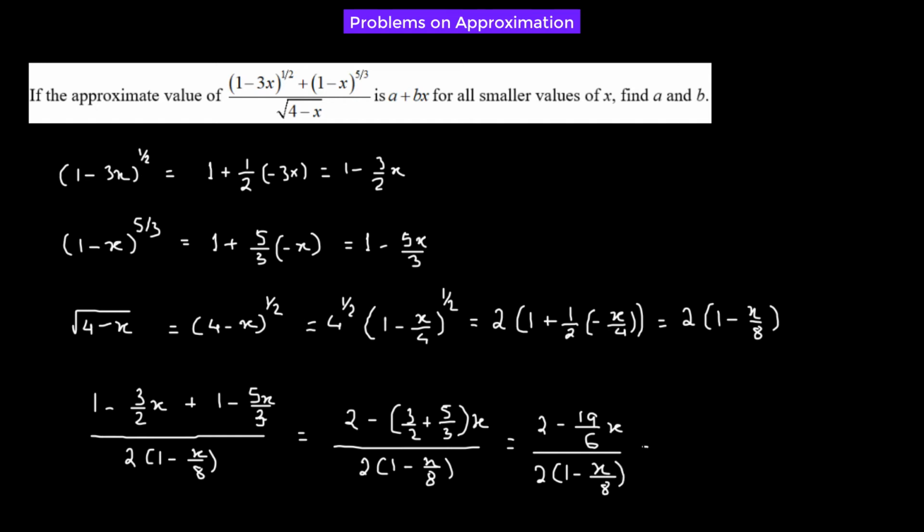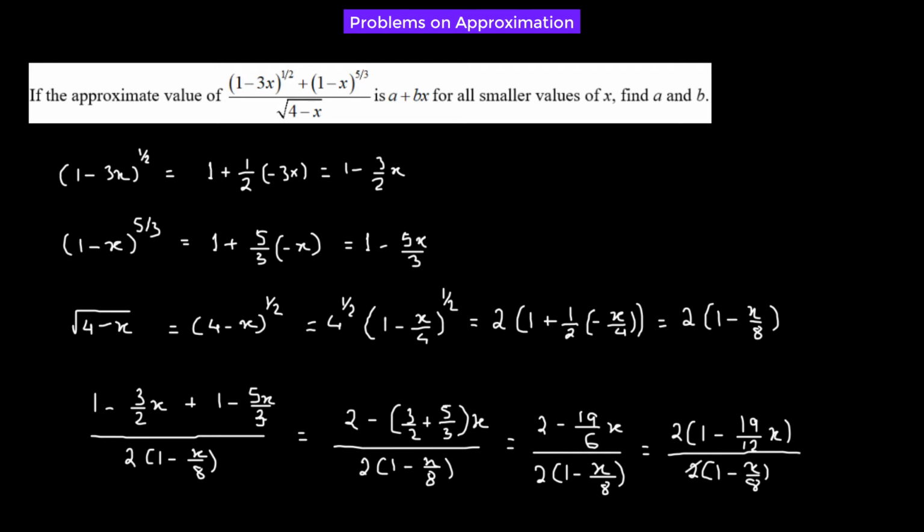We're going to factor out 2 from the numerator, so we'll have 2 times 1 minus 19 over, so we have to divide by 2, so that is simply multiplying 2 to 6, that would give us 12, divided by 2 times 1 minus x over 8.